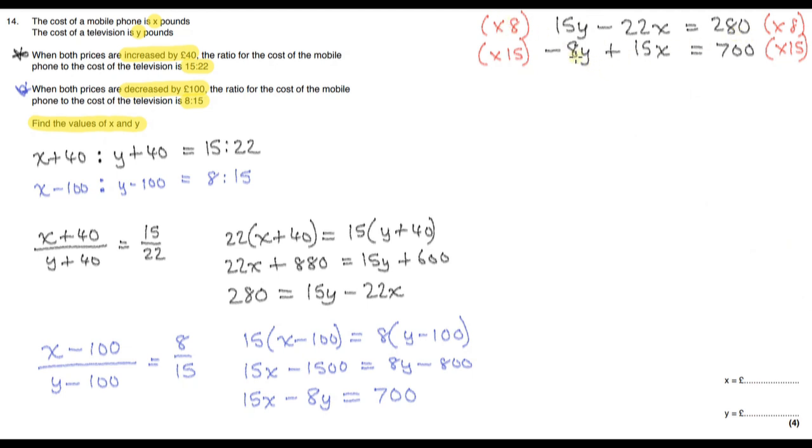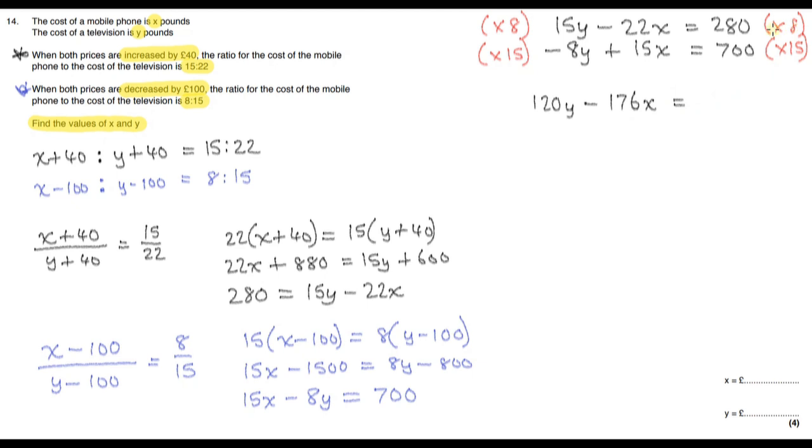So let's first of all focus on the top equation. 15y times 8, that's going to be 120y. Negative 22x times 8 is going to be negative 176x. 20 times 8 is 160, 2 times 8 is 16, add them together, that gives us 176.